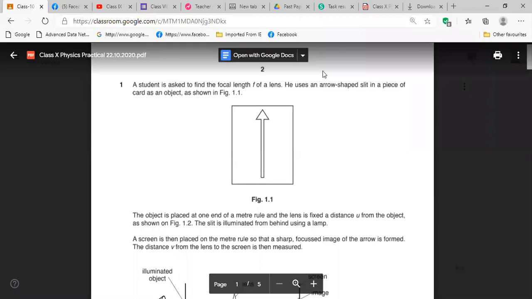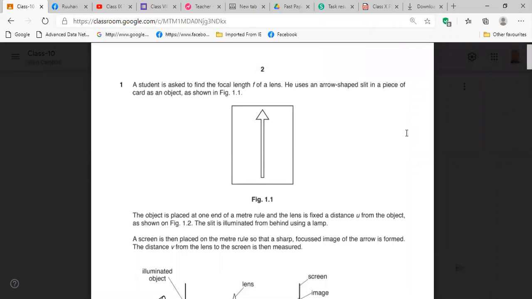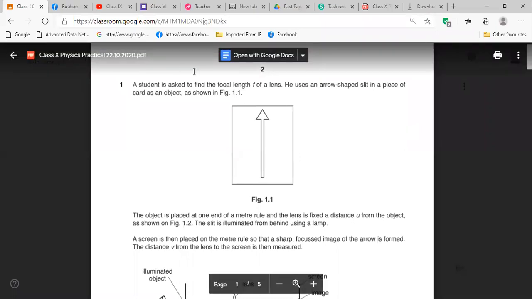Question number 1, and as much as possible we will continue question number 2 also. Can you write the heading here? Experiment on light, to measure the focal length.